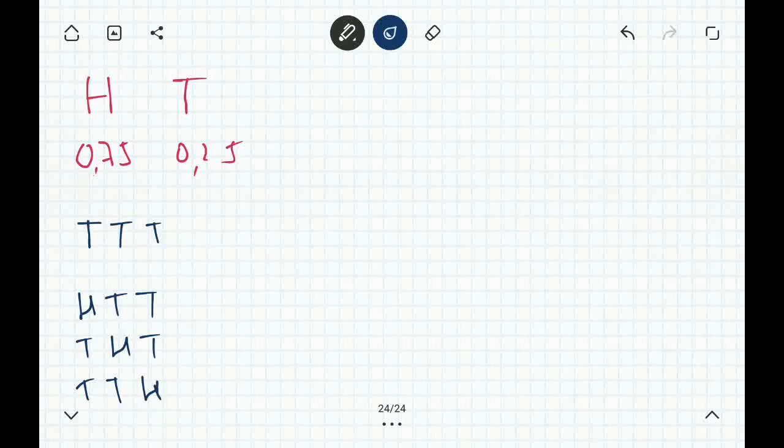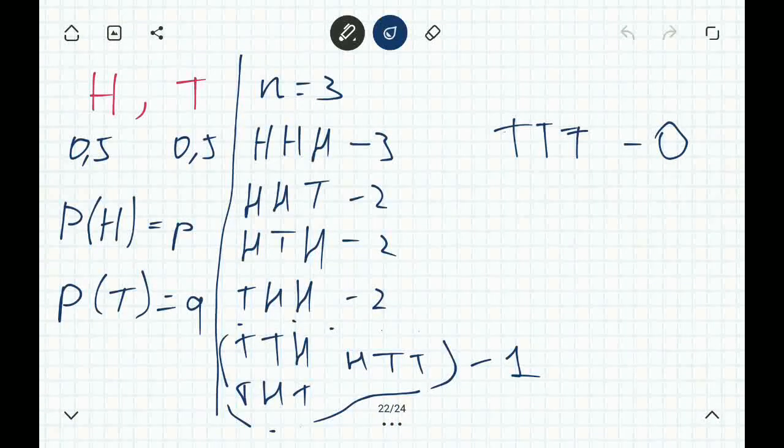But for now, let's see what are the probabilities. I can't just count the outcomes here now, because different outcomes have different probabilities. So in this case, probability for this and for this were the same, because both heads and tails have the same probability.